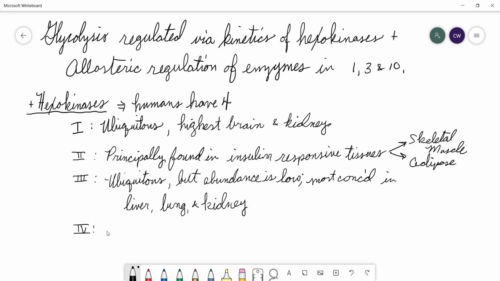It is mostly found in the liver, and the pancreas beta cells, the intestine, and the brain. That's the 4 locations for hexokinase 4.